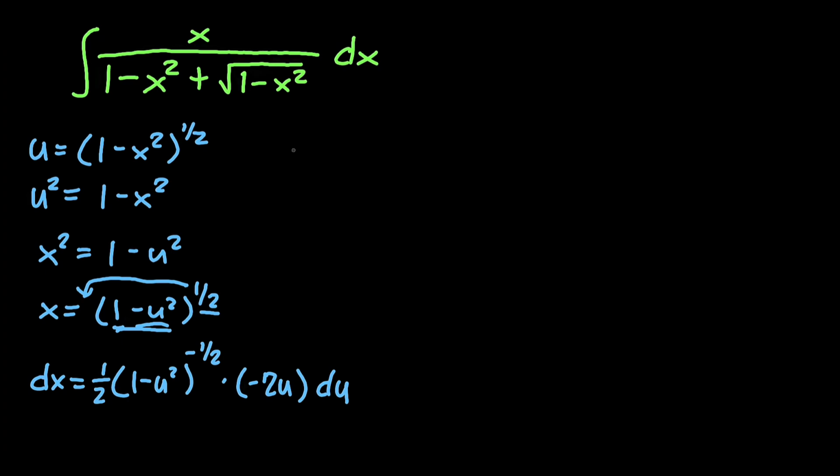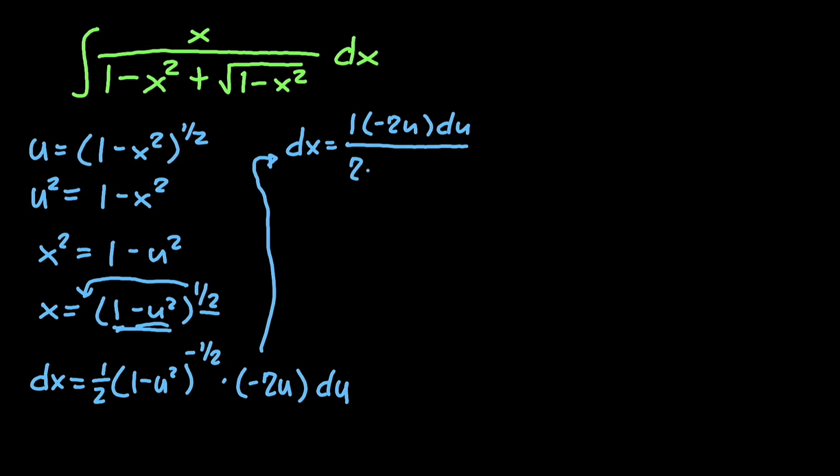And so let us simplify this. Let's just bring this up. dx right here would now be equal to 1 multiplied by negative 2u du over 2 multiplied by the square root of 1 minus u squared.